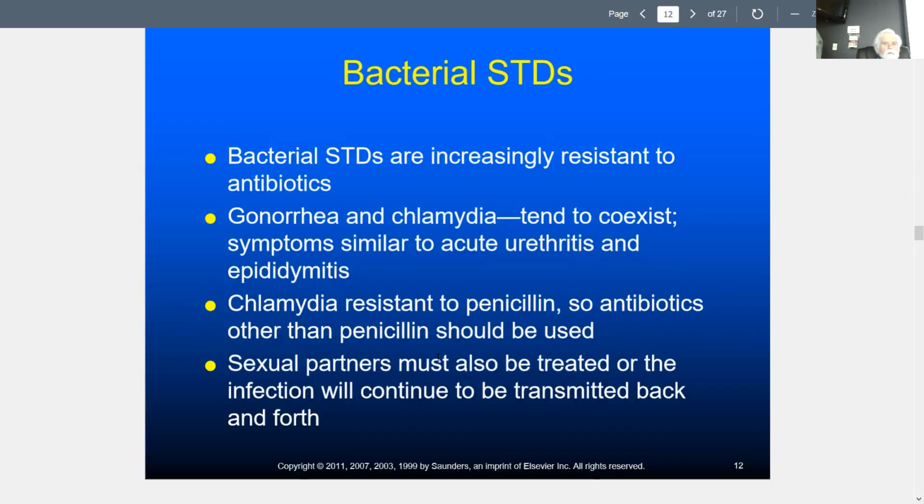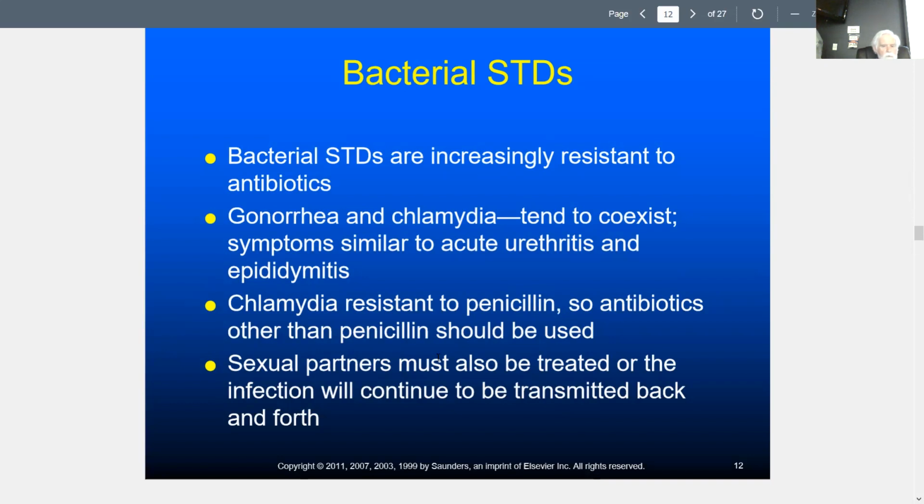STDs do definitely affect the sexual organs, obviously, and these things are becoming more and more resistant. We're seeing highly resistant gonorrhea strains now, and some chlamydia as well. The problem is, of course, they are sexually transmitted diseases.